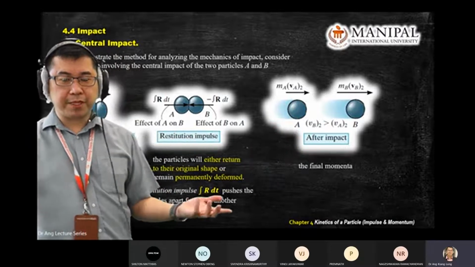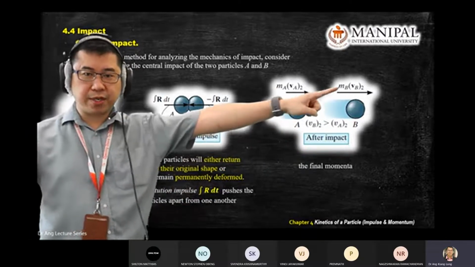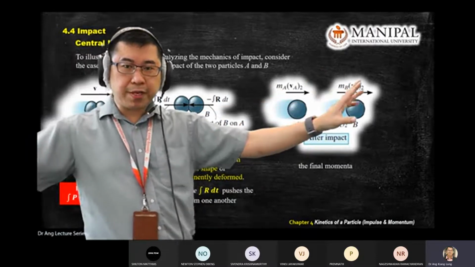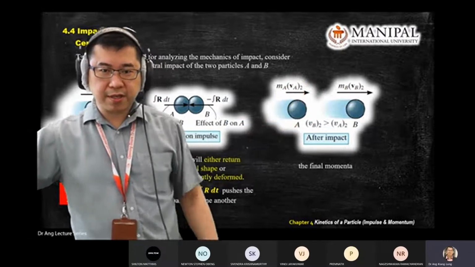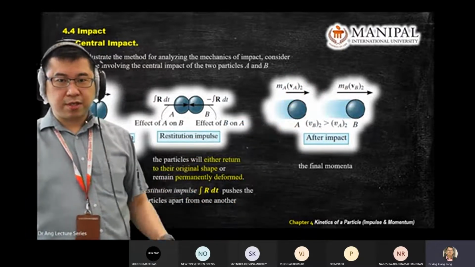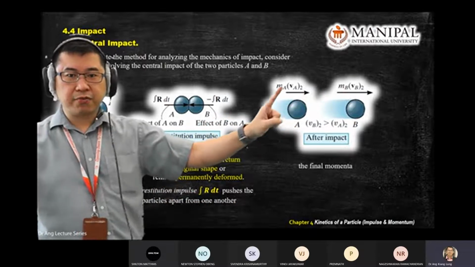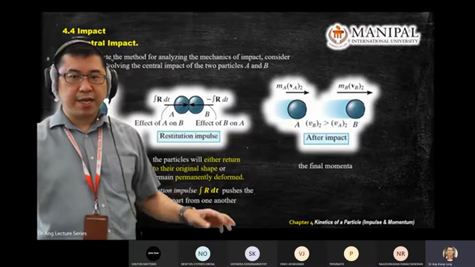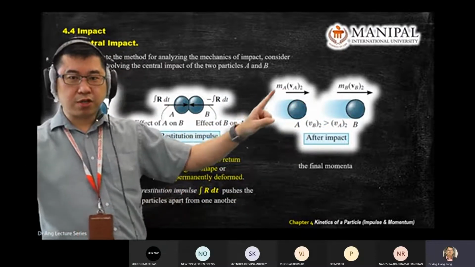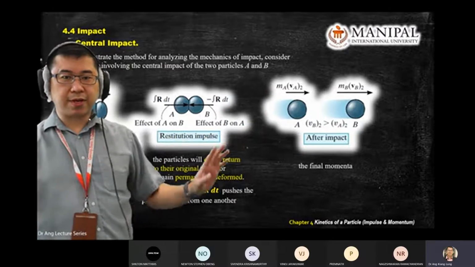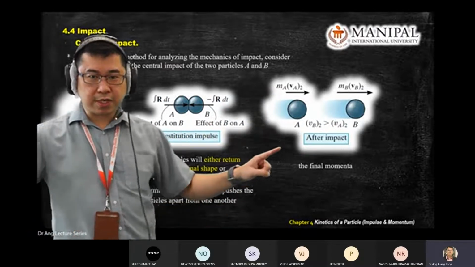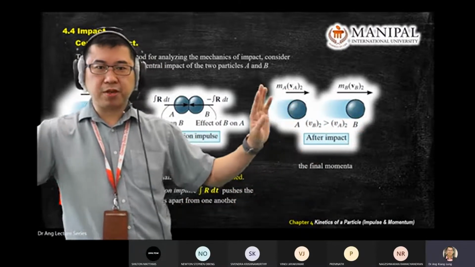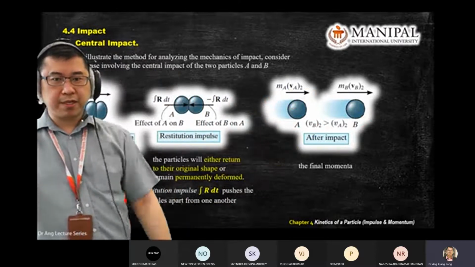And then the momentum will be different, mv. So the momentum of B will be larger than A after restitution because of the velocity. We assume there's no loss of mass in our calculation. There's a term called final momenta, meaning what happens after impact. Normally for central impact, they will split away.